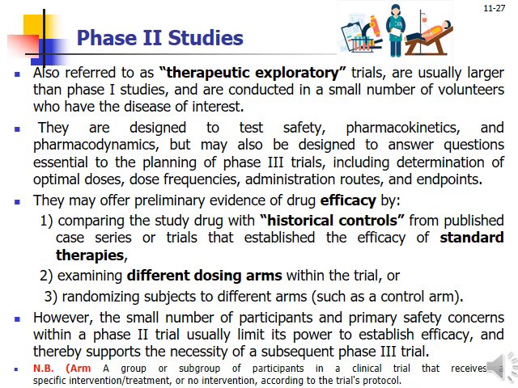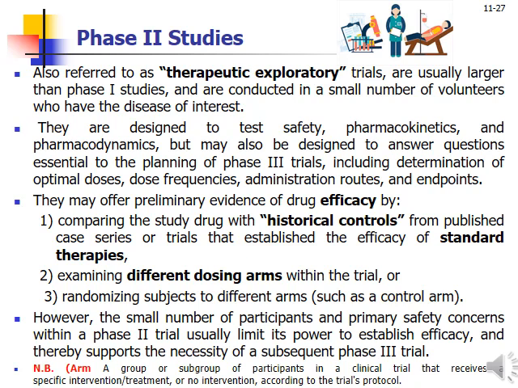They are designed to test safety, pharmacokinetics, and pharmacodynamics, but may also be designed to answer questions essential to the planning of Phase 3 trials, including determination of optimal doses, dose frequencies, administration routes, and endpoints. They may offer preliminary evidence of drug efficacy by comparing the study drug with historical controls from published case series or trials that established the efficacy of standard therapies.